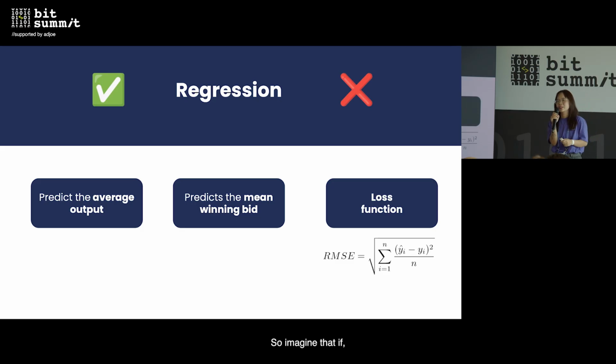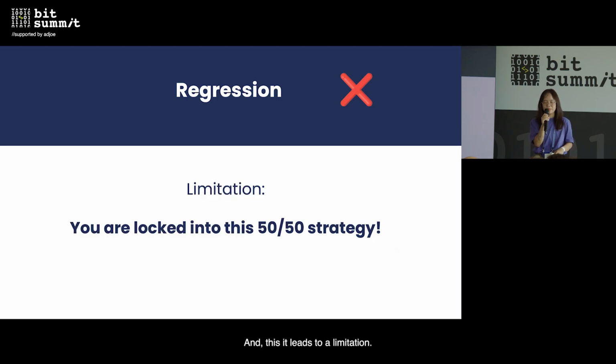Imagine that if the model predicts $1 higher or $1 lower than the actual values, then it will get the same penalty. And this leads to a limitation of this approach, because you are locked in 50-50 winning-losing strategies.